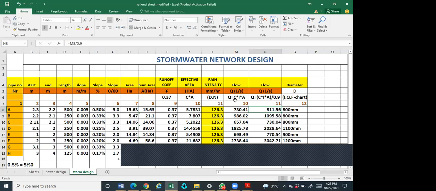So my CIA becomes intensity multiplied by the area. So you multiply this by this, and then multiply by the factor to get this.